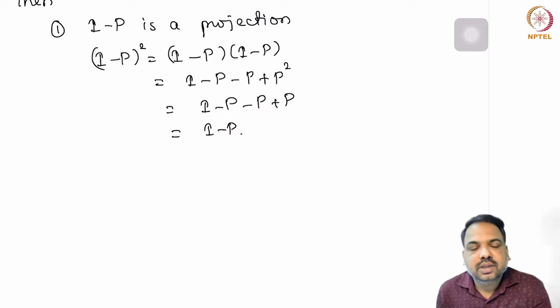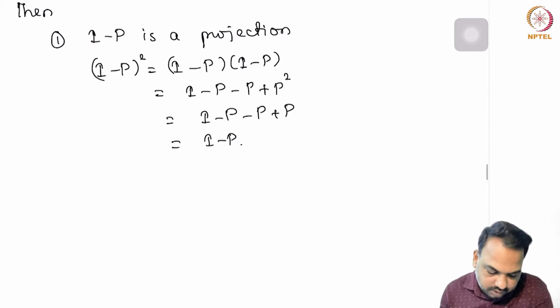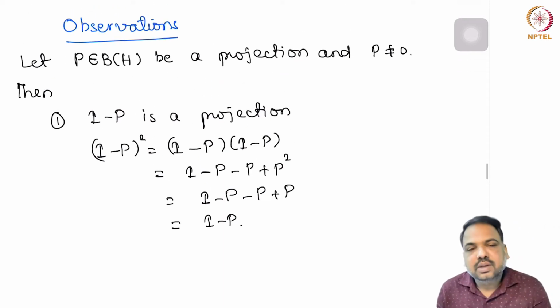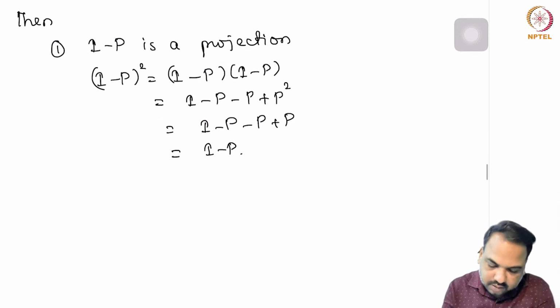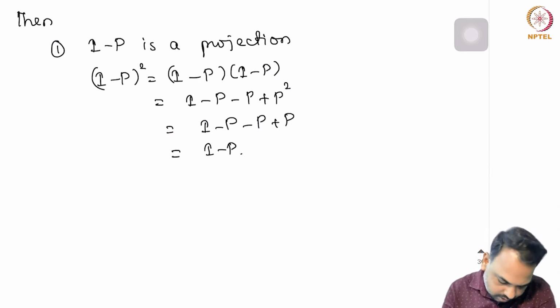If I minus P is a projection, then P is a projection. So we can conclude that P is a projection if and only if I minus P is a projection. So this is the conclusion.